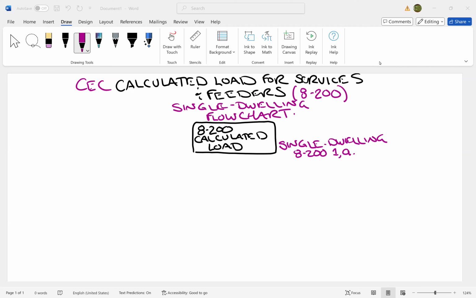What's the last thing? Oh, we have EVs. We should also see if we're using EVs. If we are using an EV, then there are a few options here. We, yes, have an EV. We no, don't have an EV, or we yes, have an EV with an EVSE, energy management.